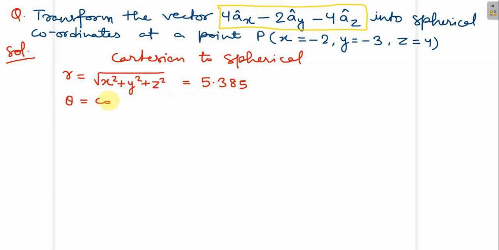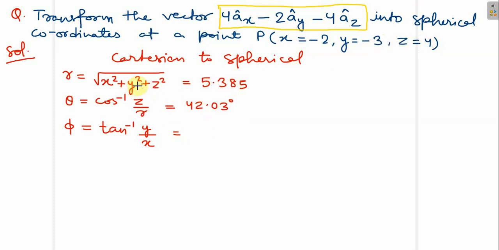Okay, again theta, what is theta? Theta equals cos inverse z upon r. If we calculate, we will get the angle 42.03 degree. Okay, and phi equals how much? It is tan inverse y upon x. Okay, so the point is known: x equal to minus 2, y equal to minus 3, and z equal to 4.